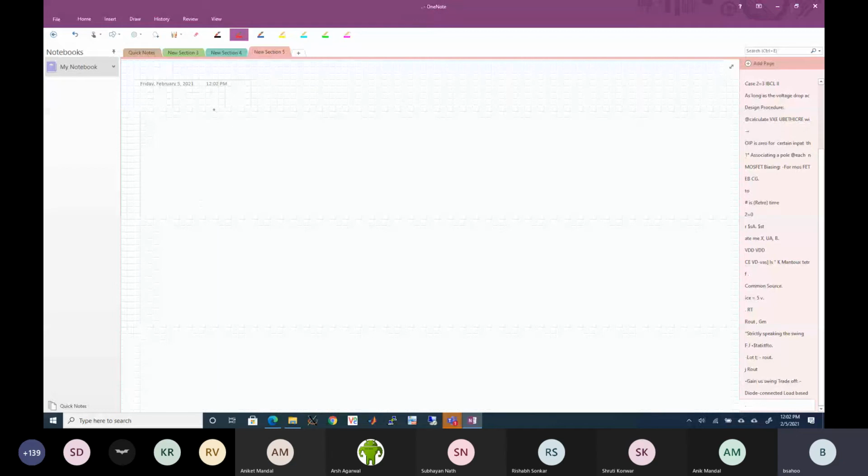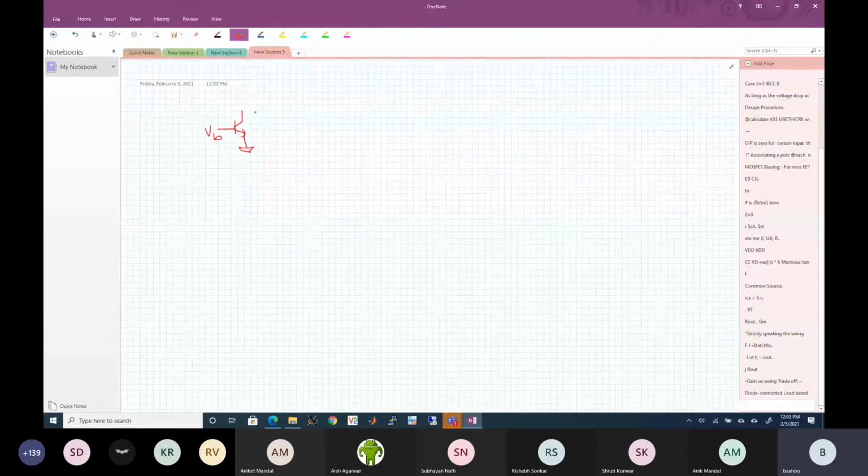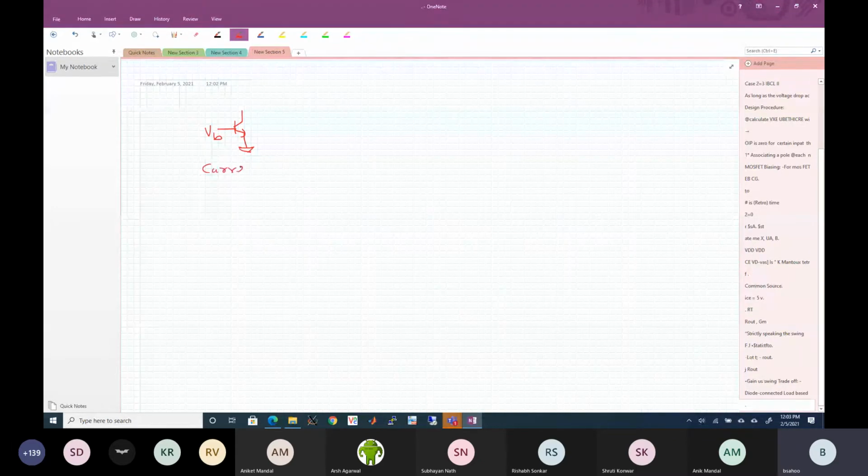Okay. How can we further enhance the swing and also build a very high gain amplifier? So what we know is that if I build an NPN with a bias voltage here and this is in forward active mode, how does this behave like? A current source.